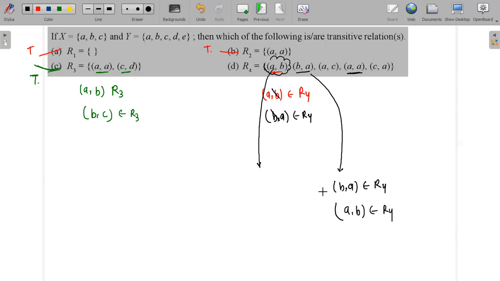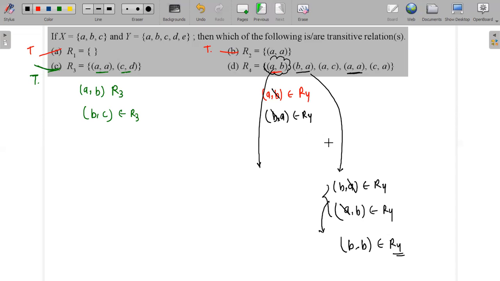So to make a transitive relation there, you need to check whether B comma B, if you just check the second and first position of the elements there, then based on this law, you need to prove whether a particular element B comma B belongs to relation R4 or not. As we can see, since B comma B is missing from relation R4, your relation is said to be not transitive corresponding to element B comma A.